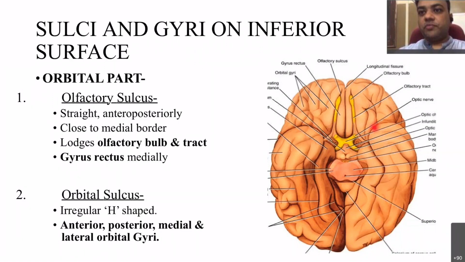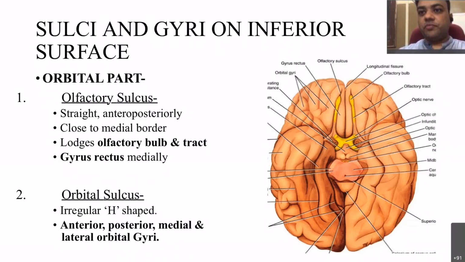Then the orbital sulcus is there. Lateral to that, you can see this irregular shape here. So this group of sulci together is known as the orbital sulcus. When you draw the diagram, you have to draw an H shape, two verticals and one horizontal. So an irregular H shape.